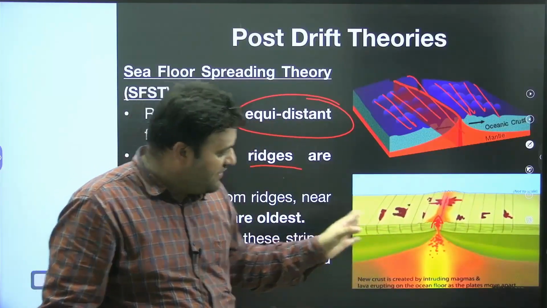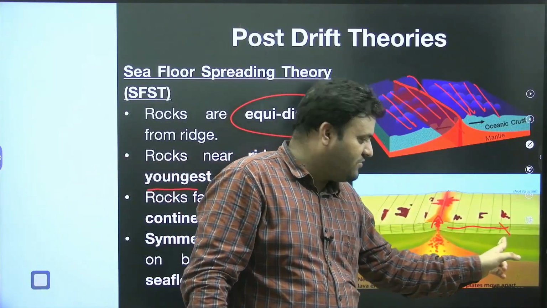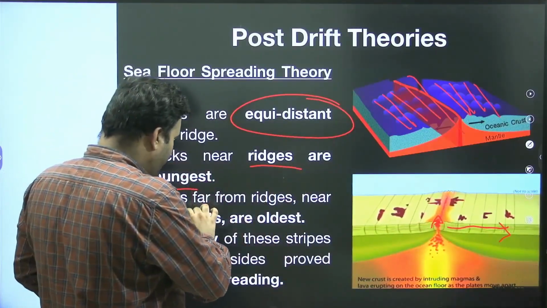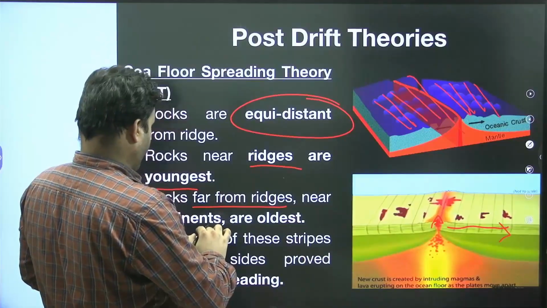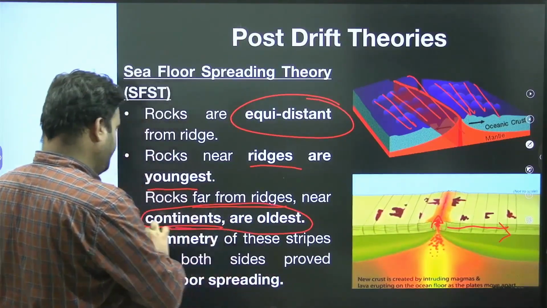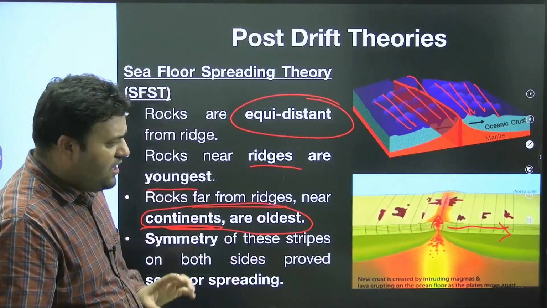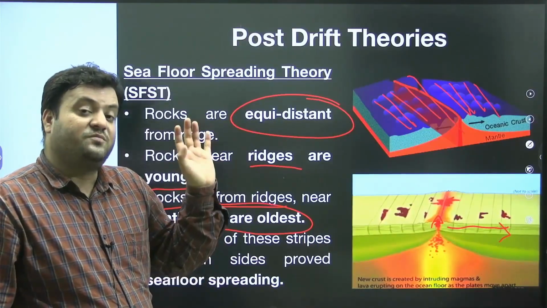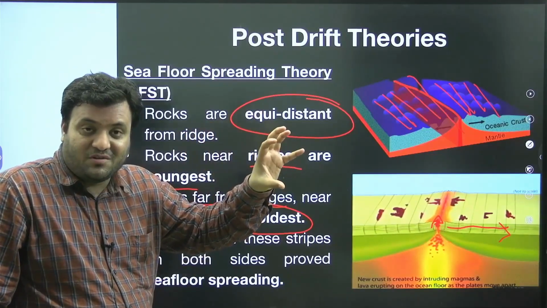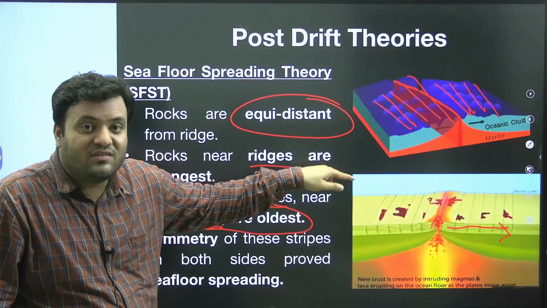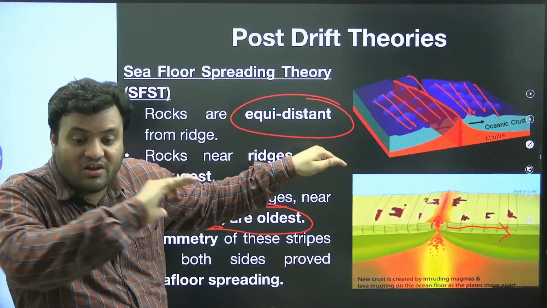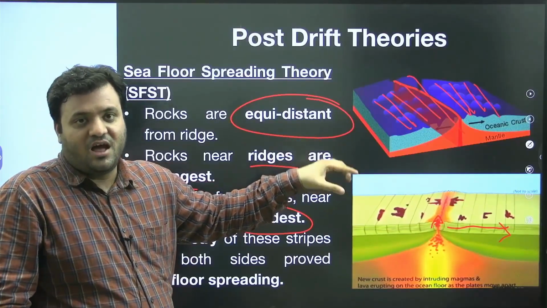As you move away from the ridge, the age increases. Rocks far from the ridges are the oldest. I hope you remember the very first slide when it came to endogenetic forces, and the continents, mainly horizontal movement as of now.